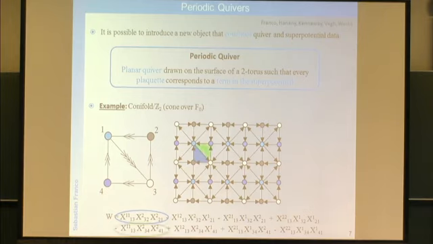Similarly, you can have another plaquette, and this term is represented by this plaquette. As you can see, this satisfies the original constraint I told you about: every chiral multiplet appears in exactly 2 superpotential terms.